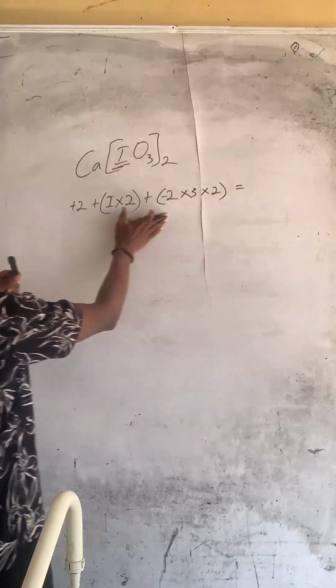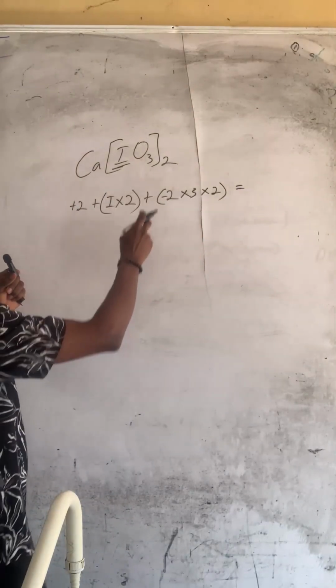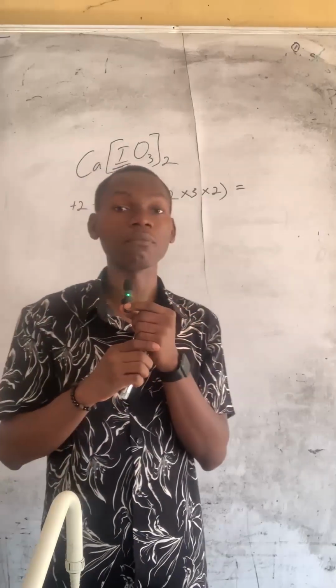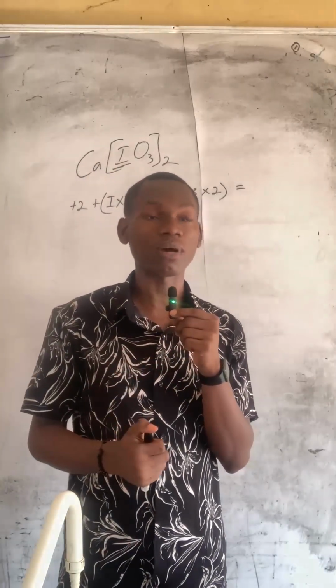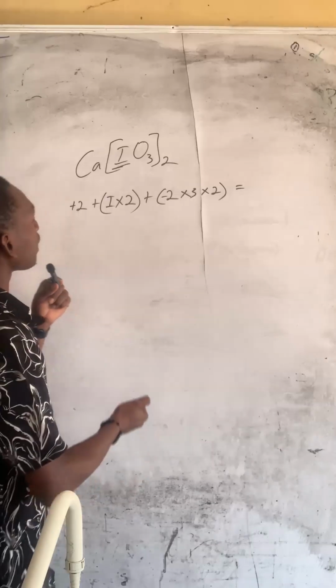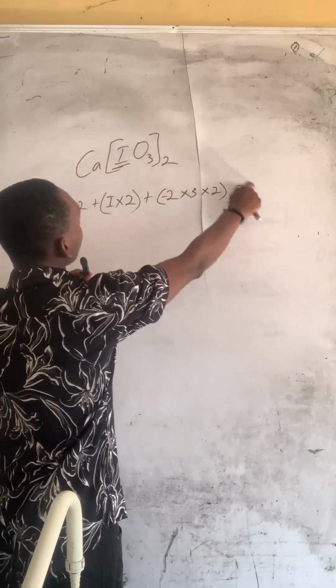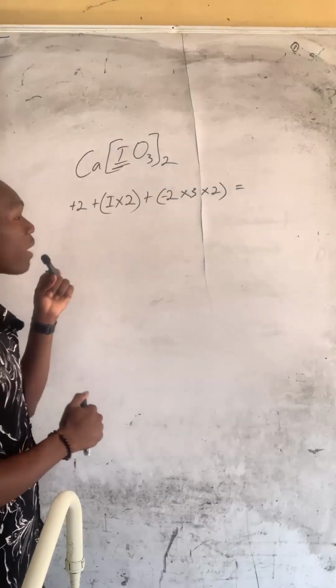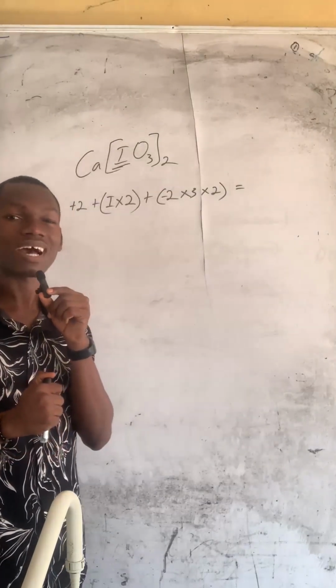Now, all this oxidation number is equal to the charge, right? Remember I said I did a video concerning rules of calculating oxidation number. So you can go and check out that video to get a proper understanding. Now, all this oxidation number is equal to the charge. You can see there is no charge written at the top of calcium iodate, meaning that it's a neutral compound.